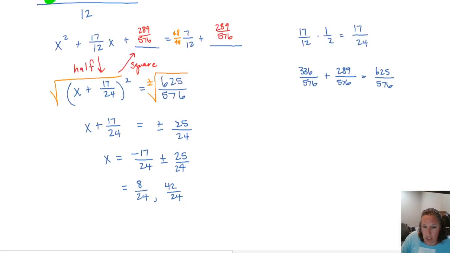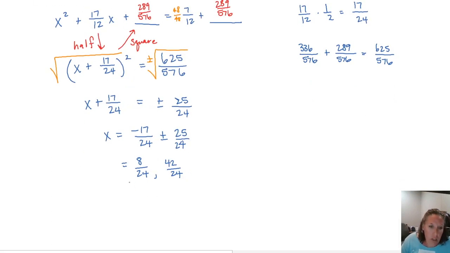Both of those fractions are going to reduce. 8 over, we've got a negative in this one, 8 over 24 reduces to 1/3, and negative 42 and 24, those numbers are both divisible by 6.